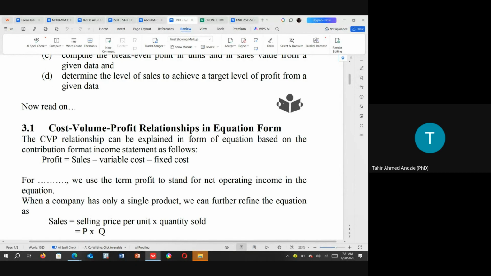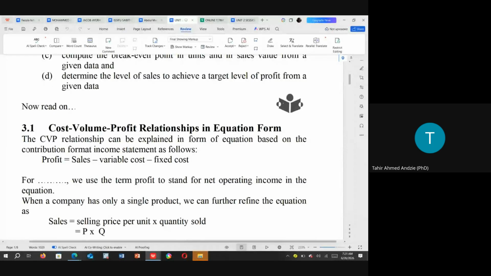You understand that format already. So in marginal costing, we determine the contribution by deducting variable costs from the sales, and then we less fixed costs to get profit. The same approach is what we are using here. So in this equation format, we say profit is equal to sales less variable costs less fixed costs.